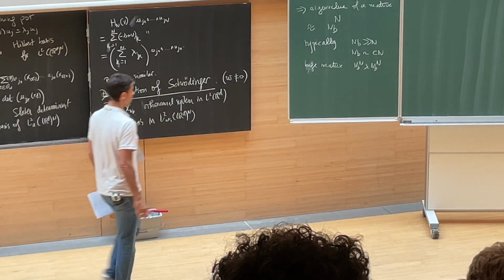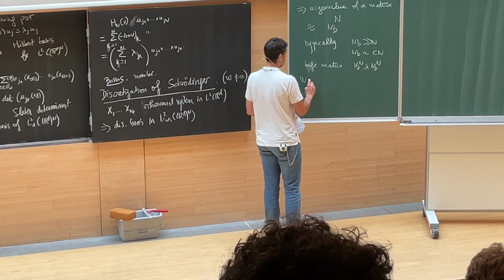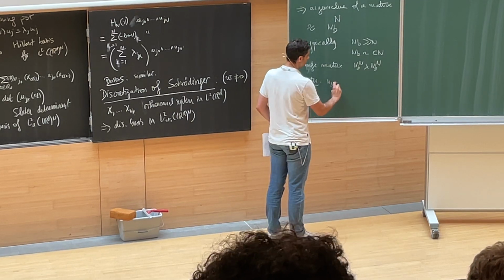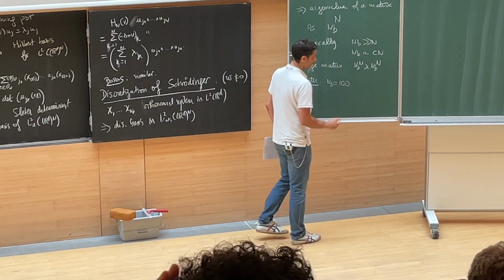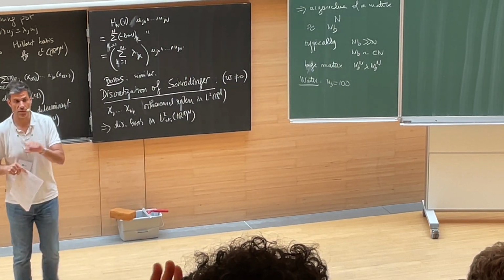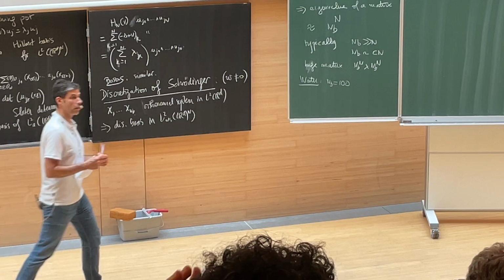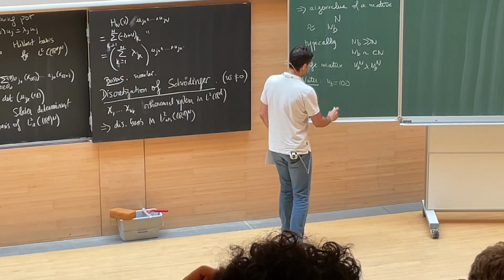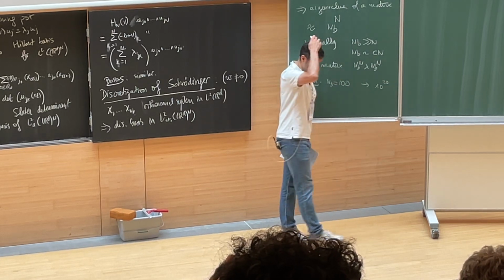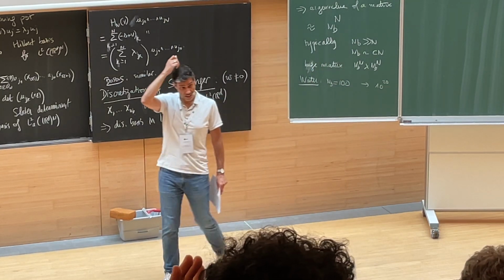So for instance, for water, if you imagine that NB is 10, or maybe you say NB is 100. So each electron I discretize over 10 functions. Then you see that you end up working in dimension 10 to the 20, because you have 10 electrons.